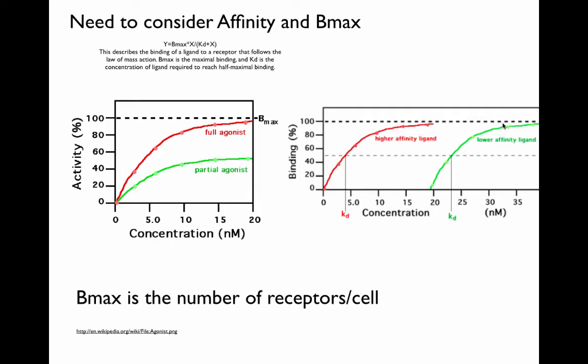So if you are binding to the same receptor, the same site on the receptor, no matter what ligand you have, the Bmax is the same because the number of receptors per cell or the number of binding sites per cell does not change if it's the same target. So the target level does not change. However, the affinity of the ligands can change. So you can make a high affinity ligand, which is this, or a lower affinity ligand, and that's where this KD parameter, this 50% binding, changes.